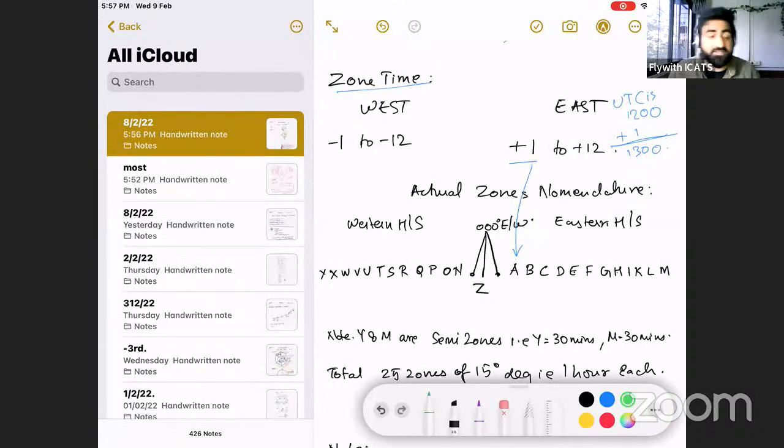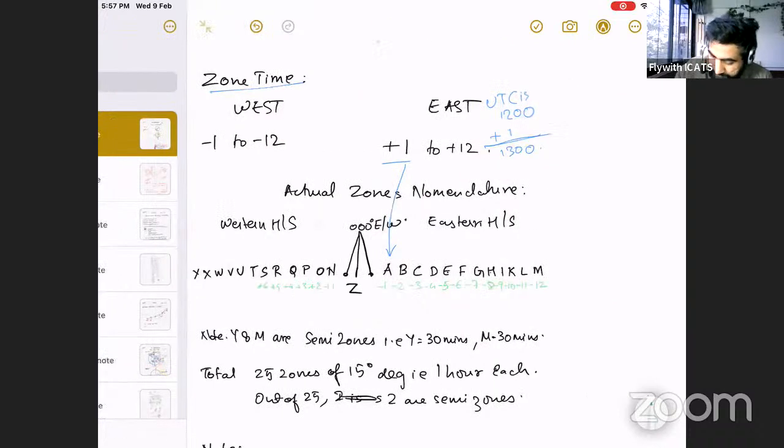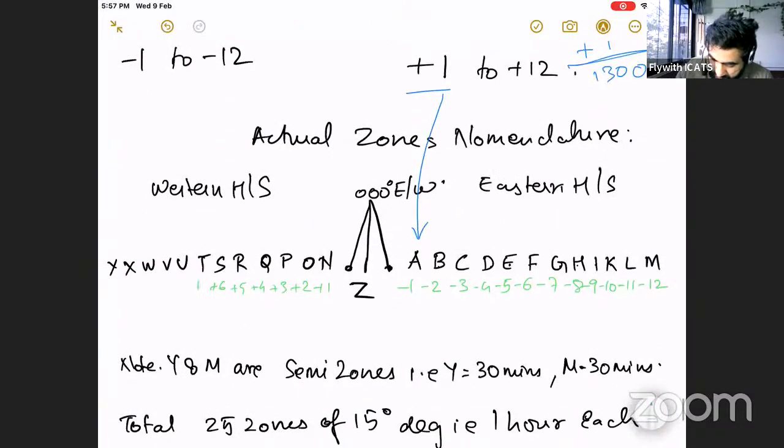I'm just adding, please add to your notes. In green, I'm writing zone numbers. So Alpha is -1, Bravo is -2, like this. These are zone numbers. And what about zone time? I'm writing in red.